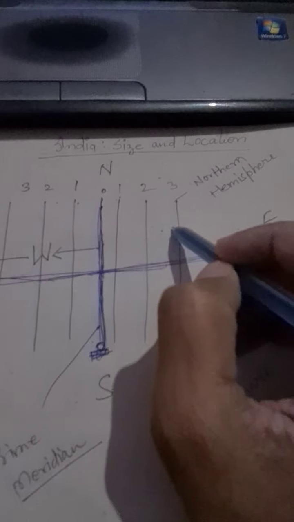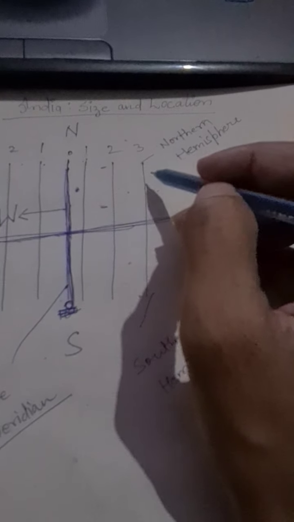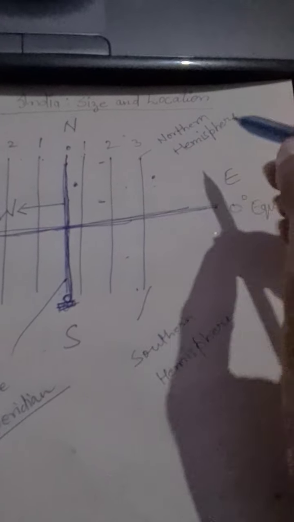Now just look at the picture as I describe. Firstly, this is the part of the northern hemisphere. So 8 degree 4 minute will lie over here, as well as 37 degree 6 minute, 68 degree 7 minute, and 97 degree 25 minute.